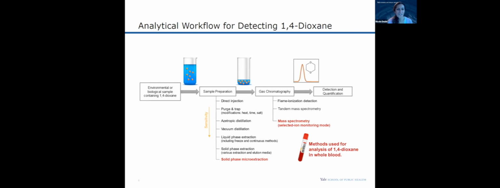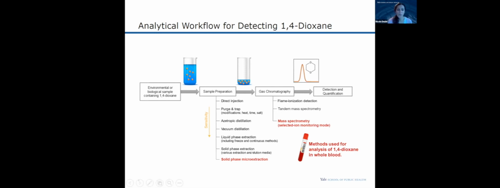So this slide indicates the sample analytical workflow for detecting 1,4-dioxane. We can't just measure it in blood or water or urine. There has to be some sort of sample preparation to really concentrate the sample.